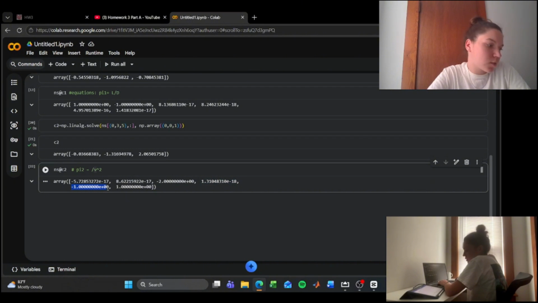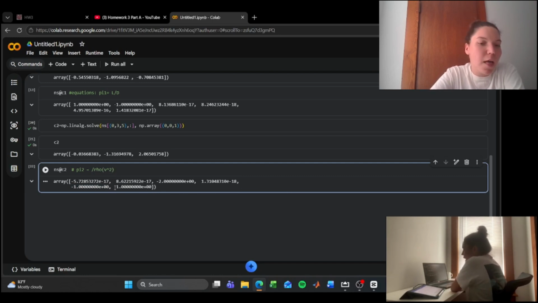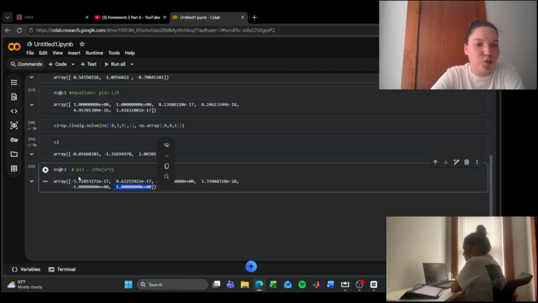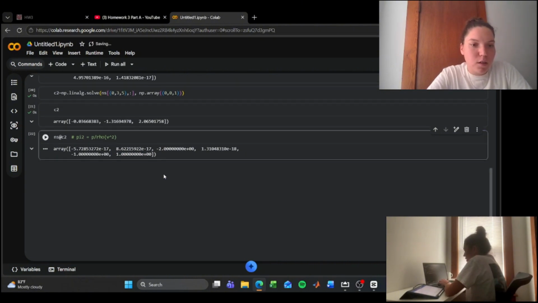This is the density to the negative first power. So this is rho. Hopefully that's easier to tell. And then pressure is in the numerator. So that's the dimensionless number for C2, which is going to be the second pi equation.